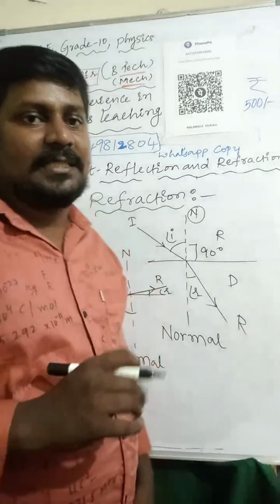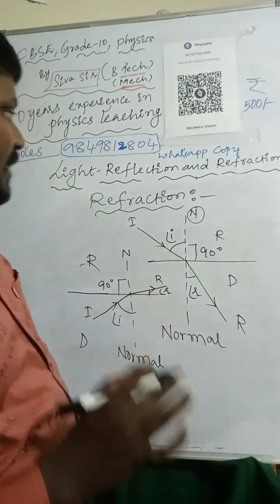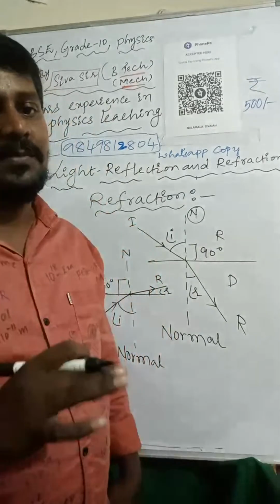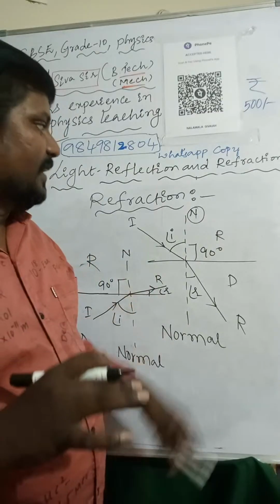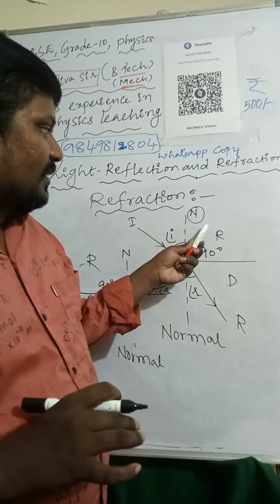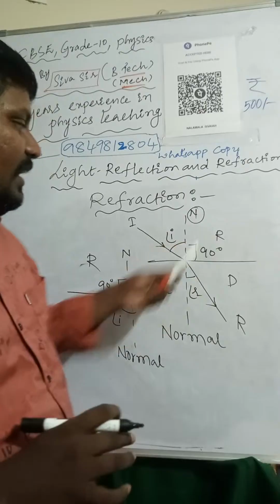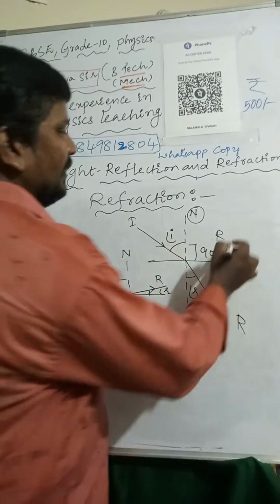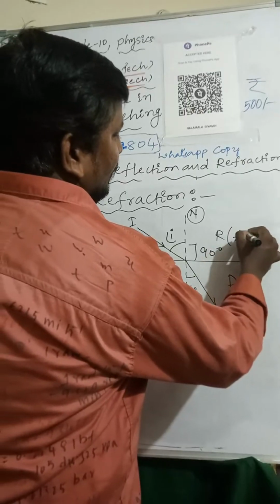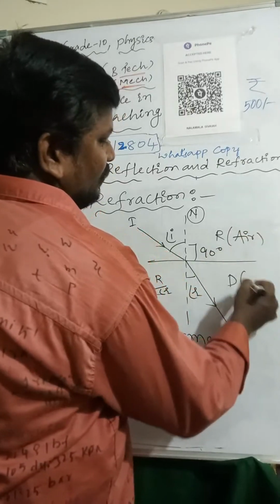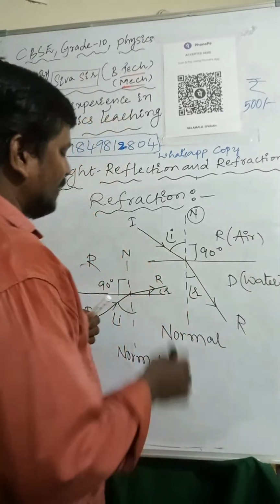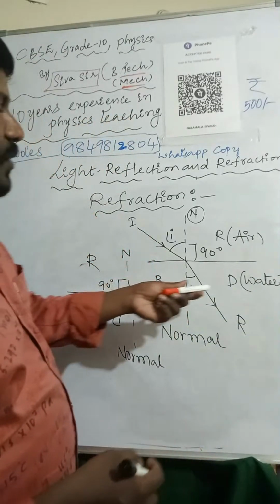Now the conditions for no refraction, when refraction does not take place. Here, rarer medium and denser medium are two different mediums. Here the rarer medium we consider as air, and the denser medium we consider as water.